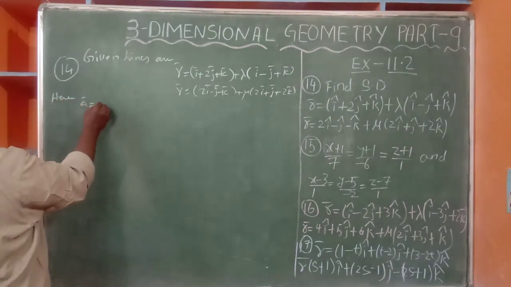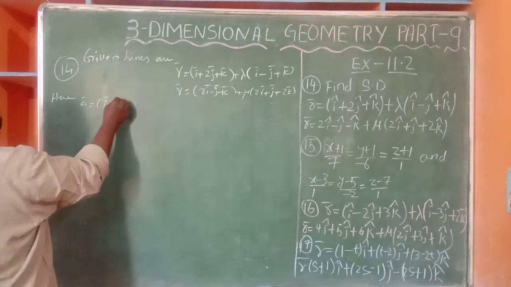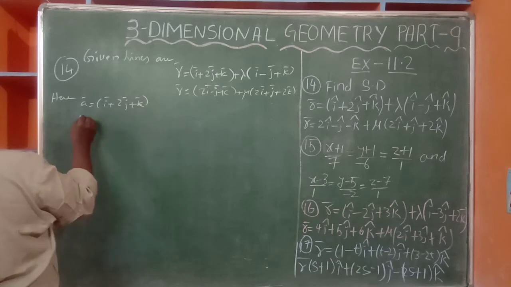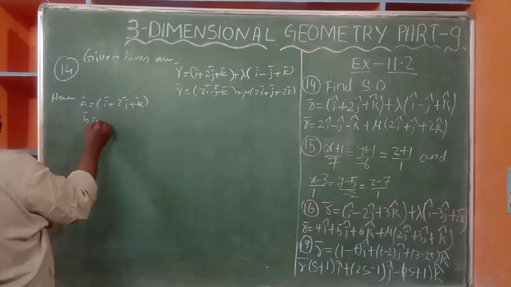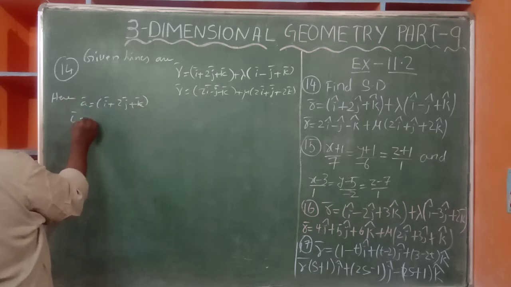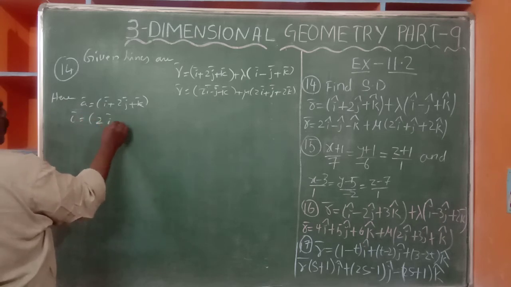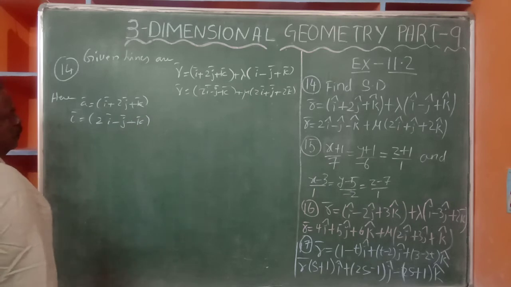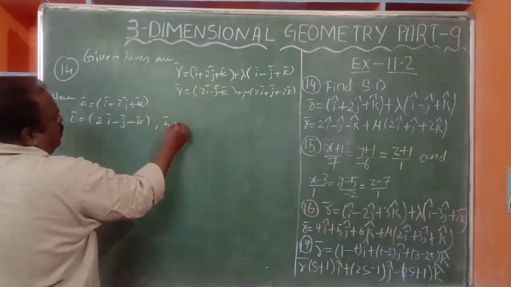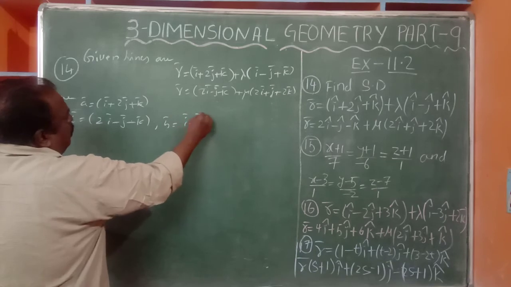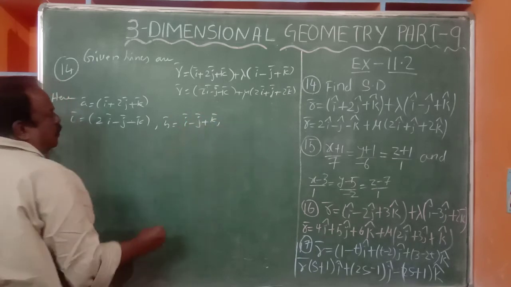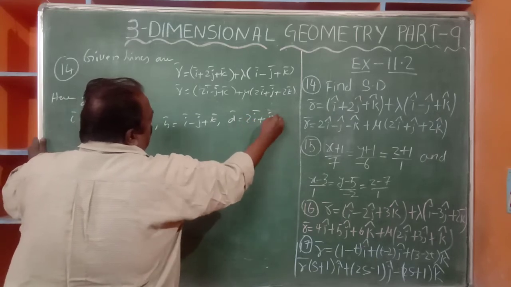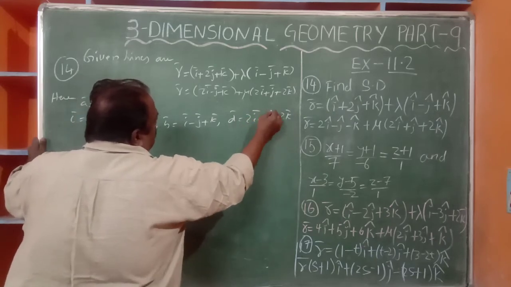Here, what is A bar? i plus 2j plus k. And C bar is 2i minus j minus k. B bar is equal to i minus j plus k, and D bar is equal to 2i plus j plus 2k.